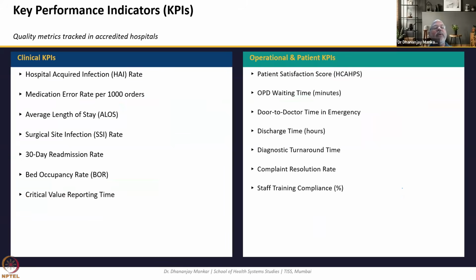KPIs, what are the KPIs that we have used? Hospital acquired infection rate has to be taken care of. The major KPIs that you put for clinical work, you will be able to work on statistically, and the decisions you take, whether it is medication error rate or average length of stay, all those can be seen.